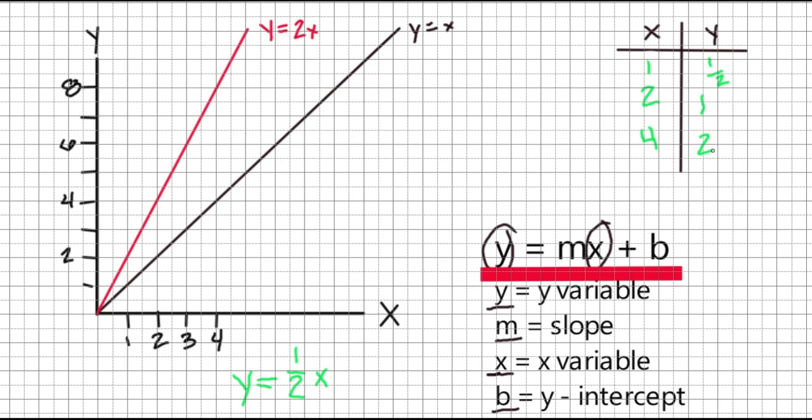Okay, so let's go ahead and plot these. So we have 1 is 1/2, 2 is 1, 4 is 2. And let's go ahead and make our line here.